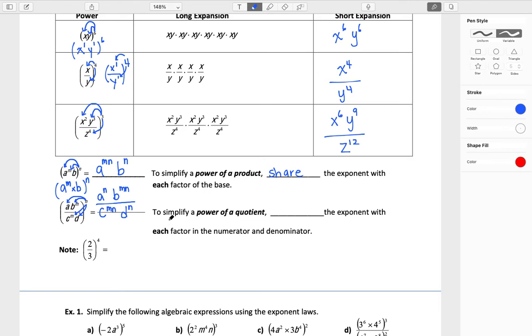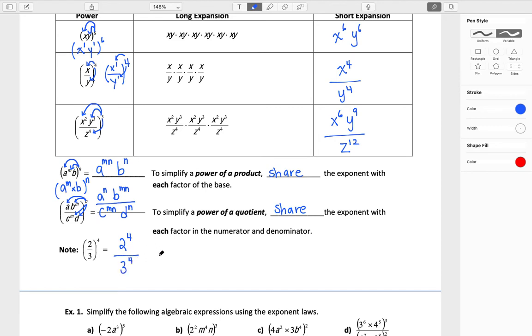So same thing for division. They still share the exponent with each factor in the numerator and the denominator. So for example, when I have a question like this, I will be applying to the numerator 2 to the 4, because there's an invisible 1 times 4, and 3 to the 4.